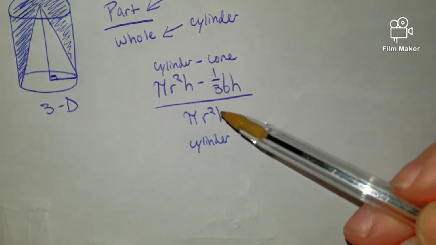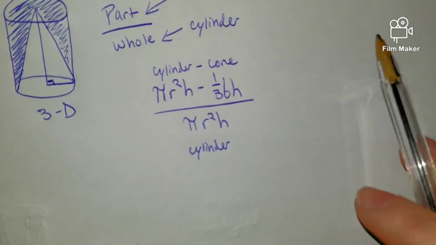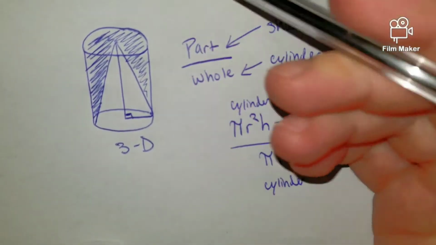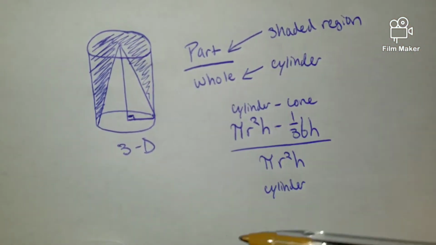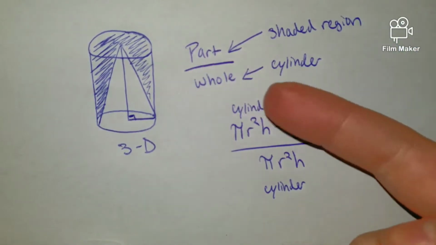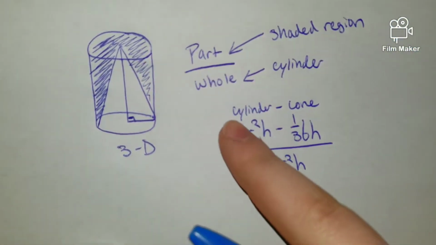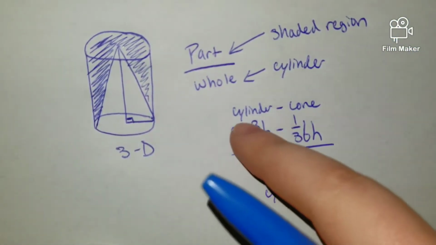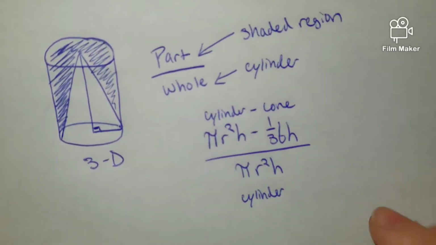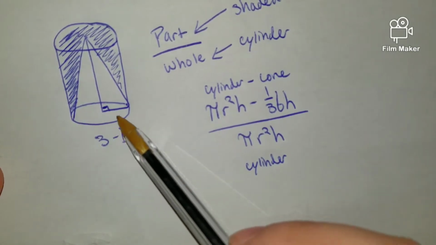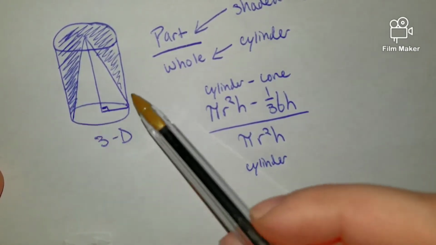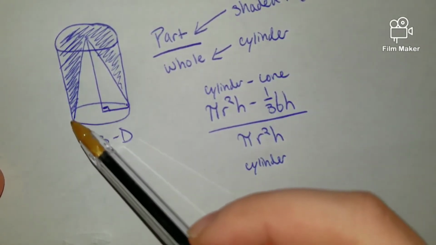H is the same variable throughout and stands for height, because, as the problem tells us, this height is the same for both the cone and the cylinder. So we can keep it as the same variable. The B stands for base, and in this case, the base is this circle because it's the base of the cylinder.